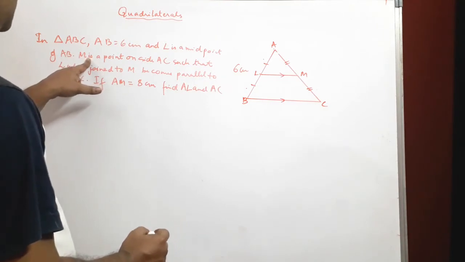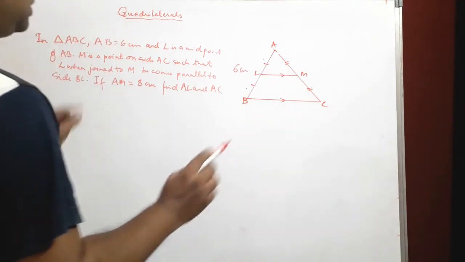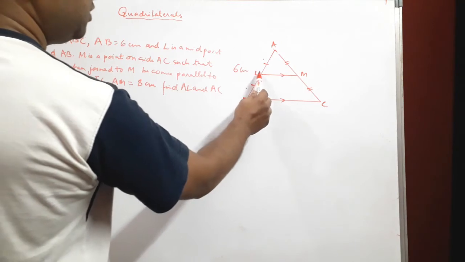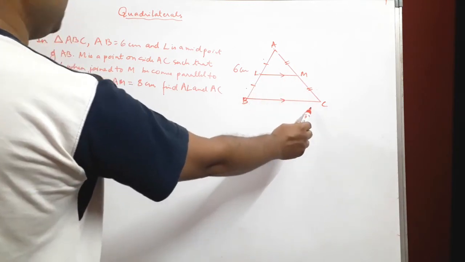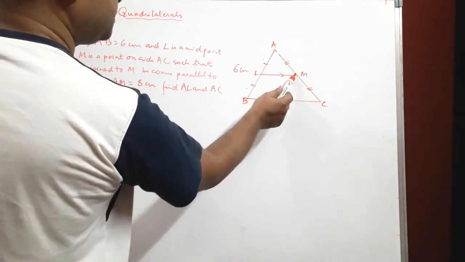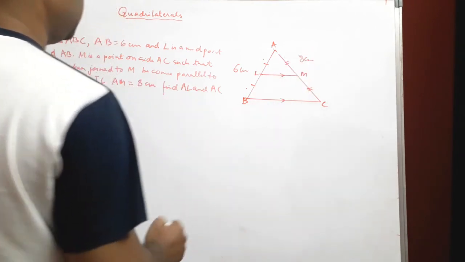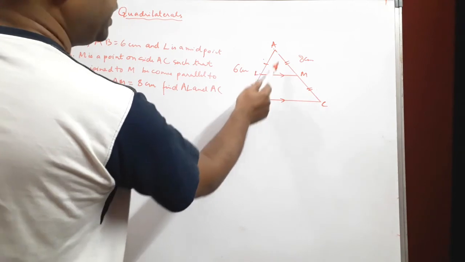M is a point on side AC such that L when joined to M becomes parallel to side BC. Now, if AM is equal to 8 centimeters, find AL and AC.